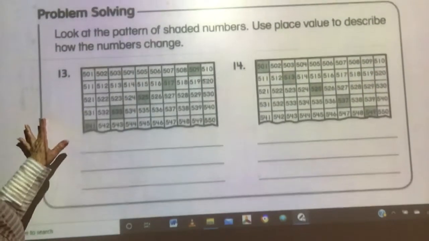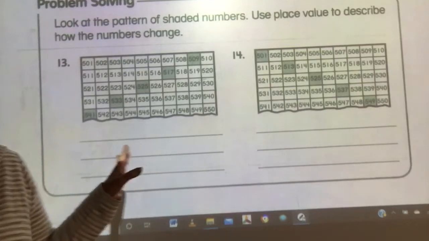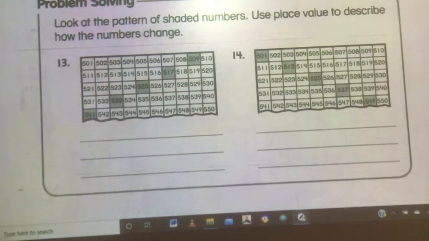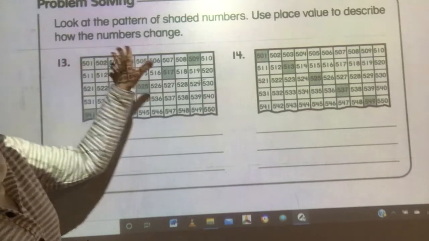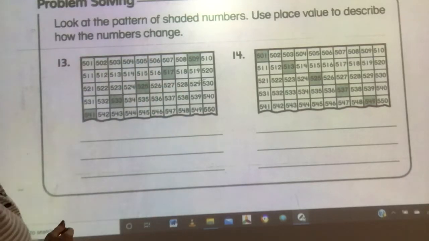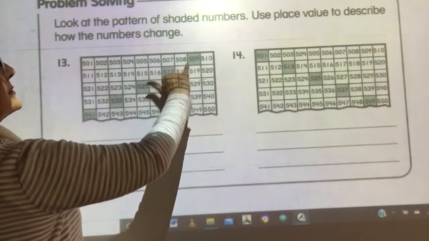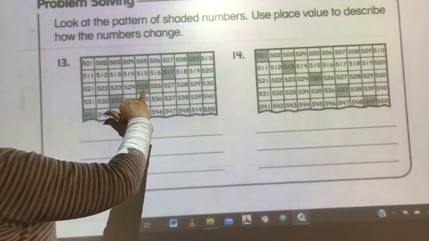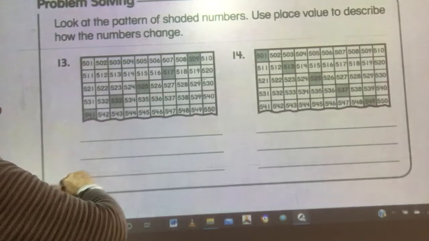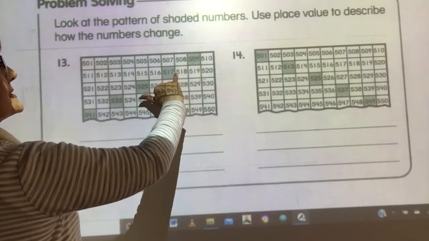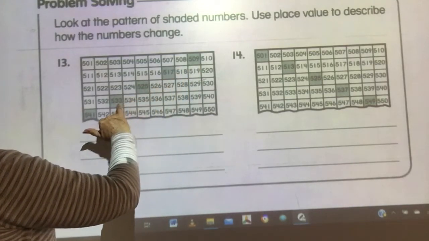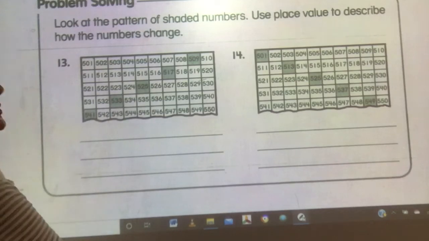And then when you go down to this part where they ask you to look at the pattern of shaded numbers, use place value to describe how the numbers change. So they're going from 509 to 517 to 525. The hundreds stay the same, but we got 9, 17, 25, 33, 41. Do you know what they're counting by?